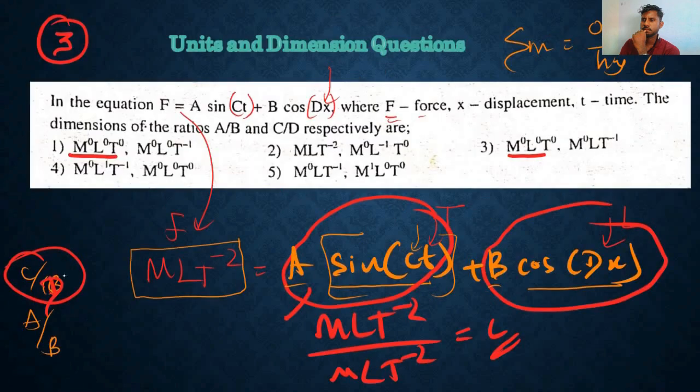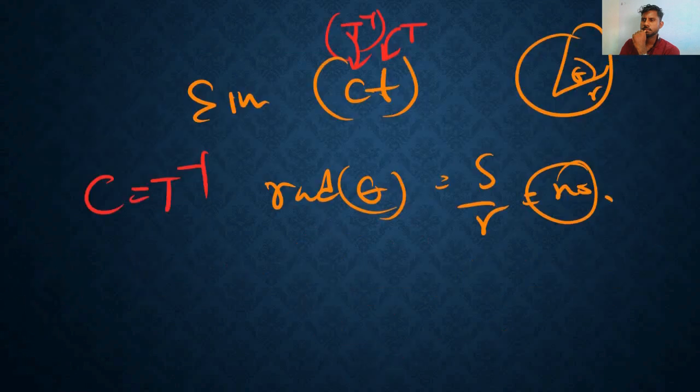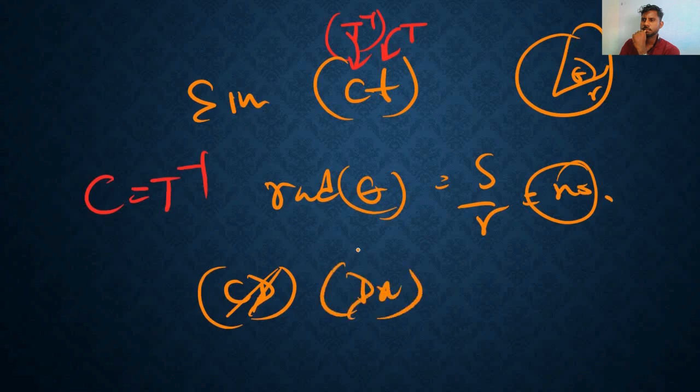And the dimensions of D? Again the same principle we can apply. CD, it was dx, right? So the dimensions of x is L. So to cancel that one, we need to have L minus 1.